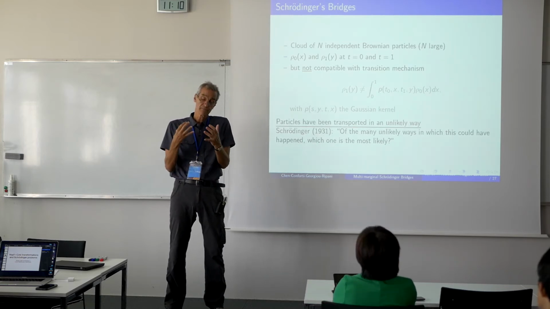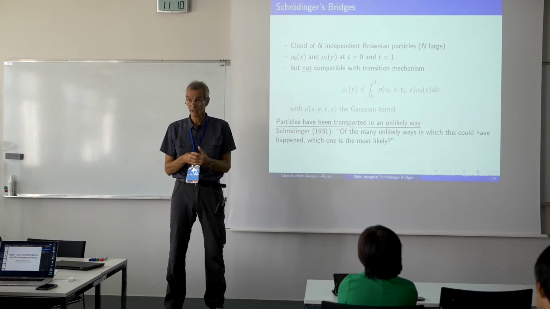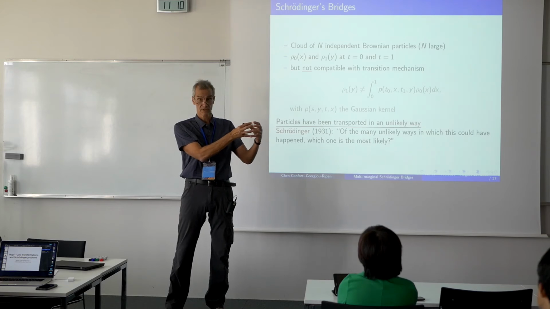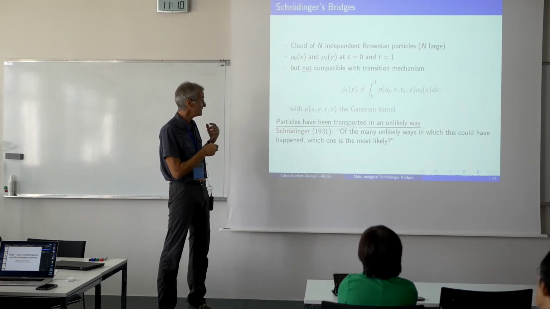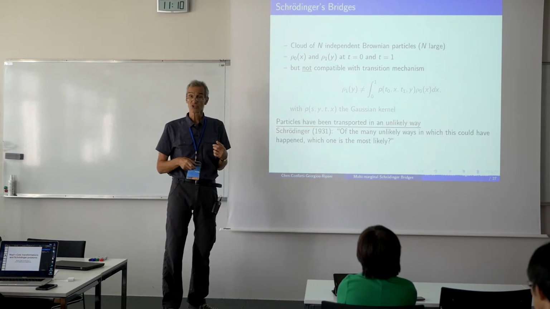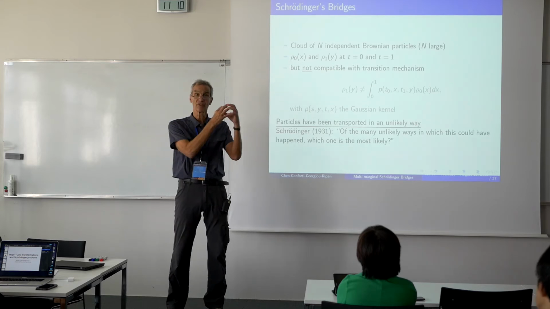Now, my prior is that they're Brownian, and they should be diffusing everywhere. But you cannot tell me they're not here because I measured them. That is the starting point of Schrodinger. You're given the two marginals, and they're not compatible with the transition mechanism. So something unlikely happened. The particles moved from here to there.